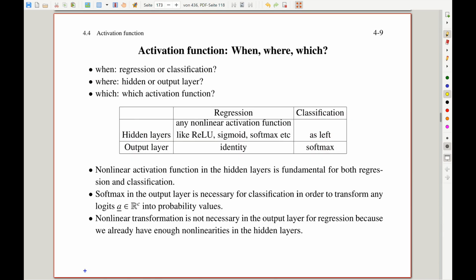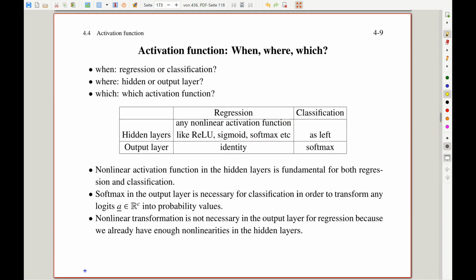And you see, in the hidden layers, we can theoretically use any nonlinear activation function: ReLU, sigmoid, sine, hyperbolic tangent, and so on. But the ReLU is the standard used today, right? Sometimes even the leaky ReLU is used. And in the output layer, for a regression problem, we use the identity activation function. Identity activation function means we don't use any activation function.